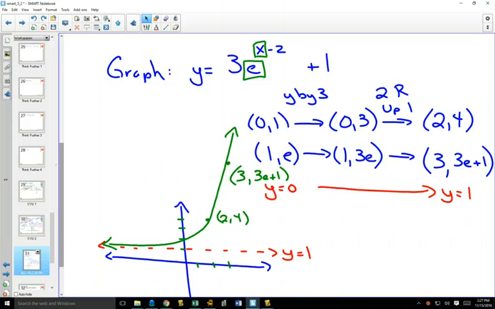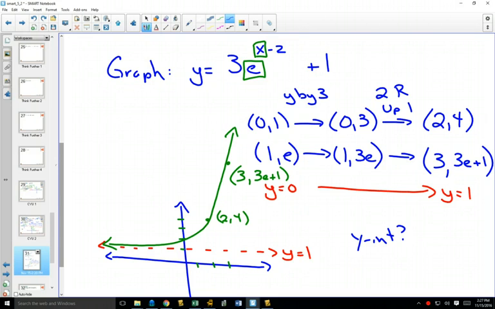What would be your y-intercept? How do you find a y-intercept?